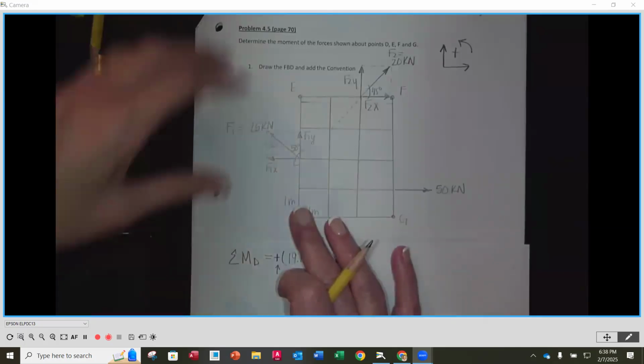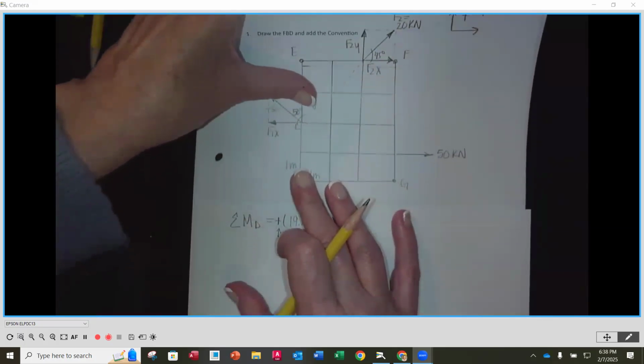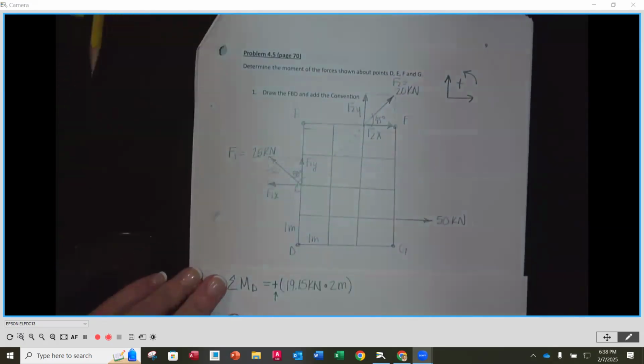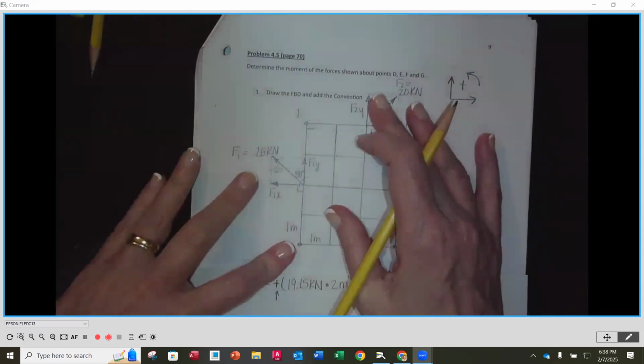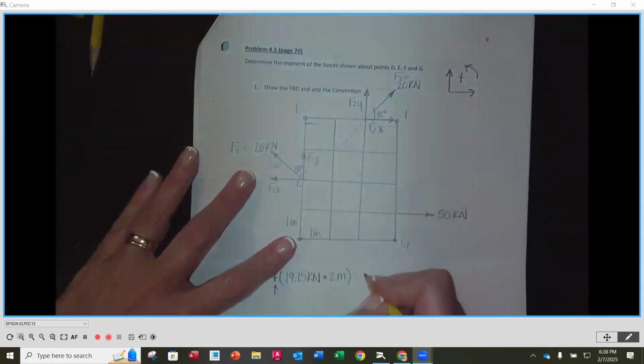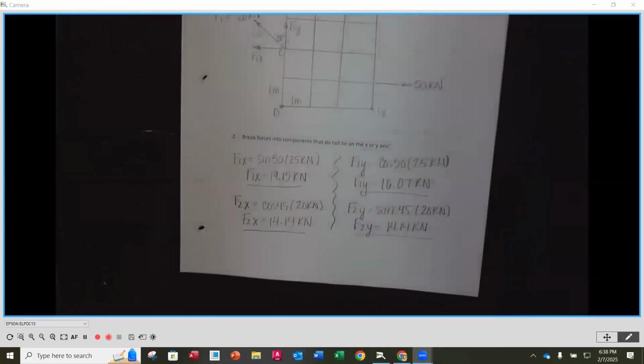Put my finger on D. I'm going to pull in the direction of F1y. It does not cause a rotation, so we don't include it. But you'll notice up here, F2y does. So F2y is going to be included. I'm going to leave some space here, start my parentheses. F2y is 14.14 kilonewtons.